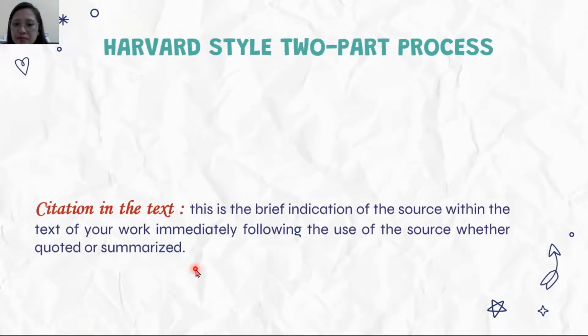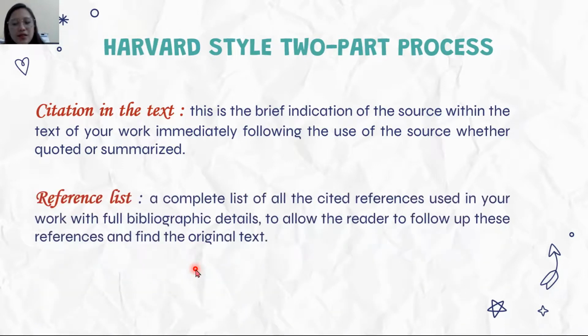While the reference list is a complete list of all the cited references used in your work, with full bibliographic details to allow the reader to follow up the reference and find the original text. So everything that you have cited, that you used in your paper, must be included in the list at the end of your paper. Kasi, doon talaga makikita yung complete information ng author.